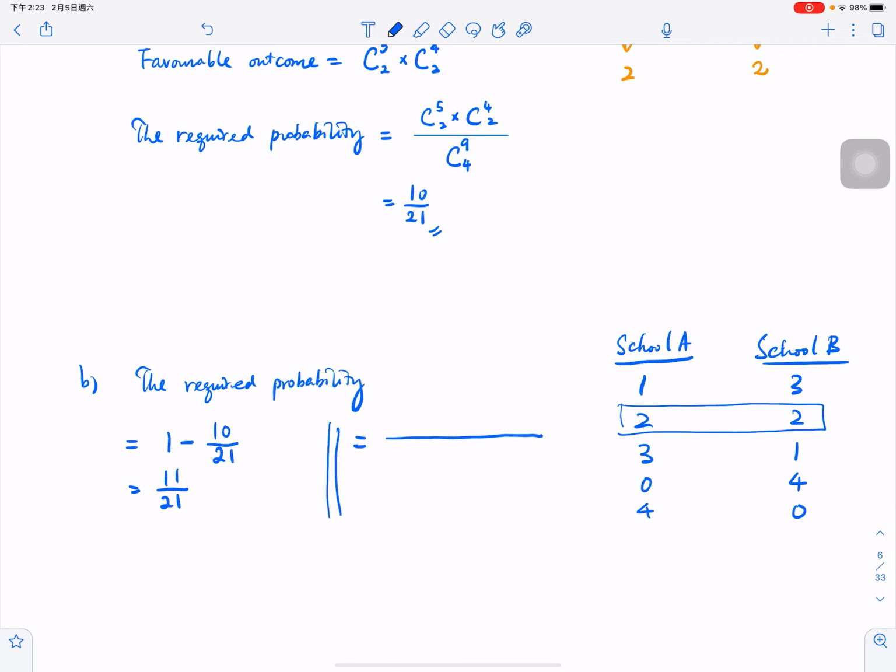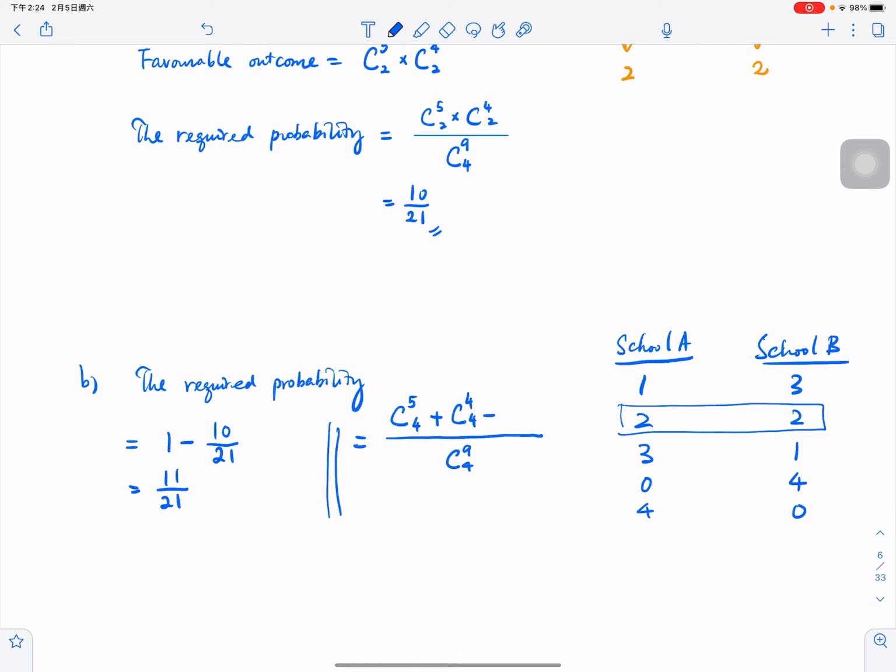This time, the total possible outcome is still 9C4. Then maybe we choose from only school A, so 5C4. Maybe you say, do we need to write 4C0? No need, actually. Then what is next? Only school B, 4C4, right?